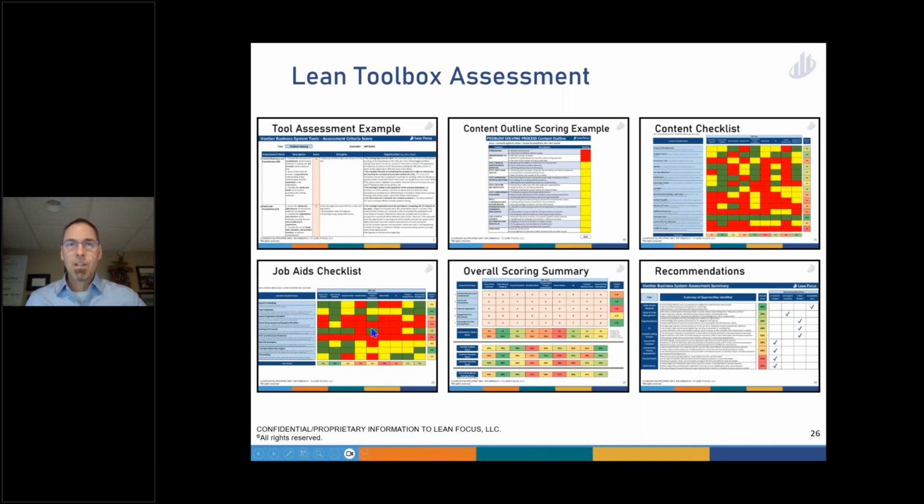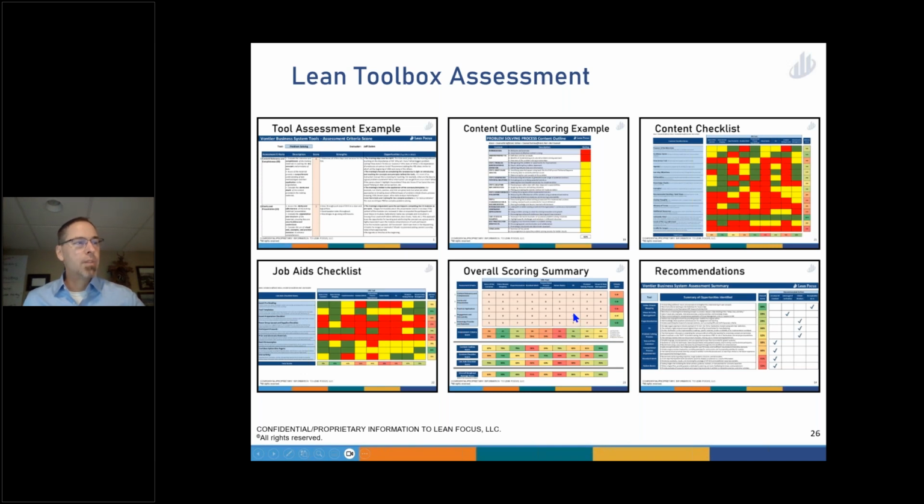The job aids. How well are we set up to support using those materials for effective implementation? So are there facilitator notes? Is there facilitator pre-work? How do we set up and get ready for this event that we're going to launch? Do we have templates? Do we have examples and case studies? Pre-reading, pre-work, those kind of things go into the job aids.